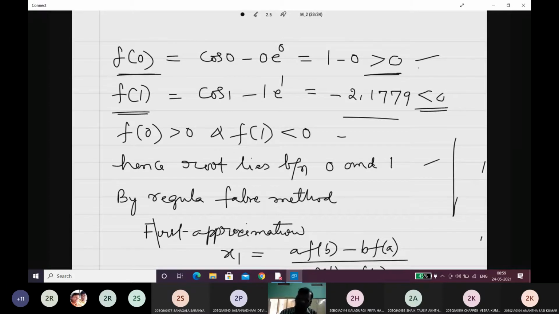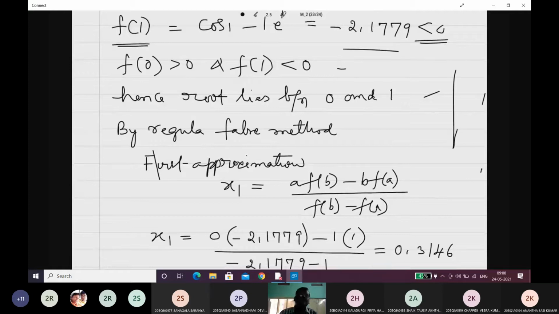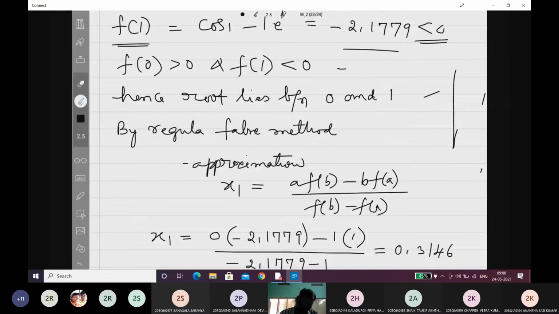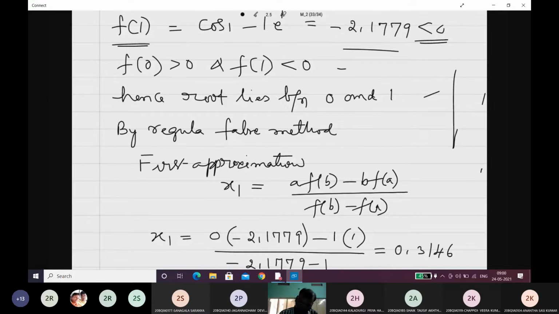By the regula falsi method, the first approximation x1 is equal to a into f of b minus b into f of a, divided by f of b minus f of a.